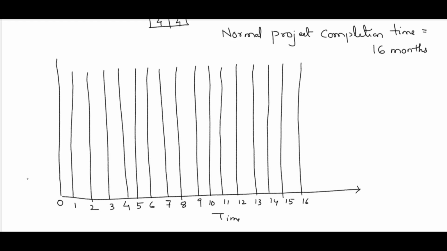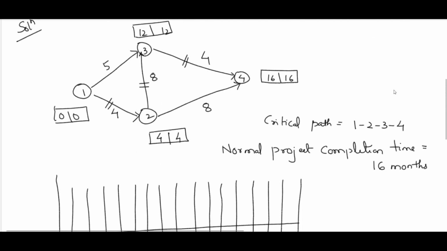Okay, next the y-axis is our manpower. Likewise, as we have done in the resource leveling problem, first of all we will draw the critical path here. What are the critical activities? Let's say 1, 2, 2, 3, and 3, 4. What is the duration of 1, 2?